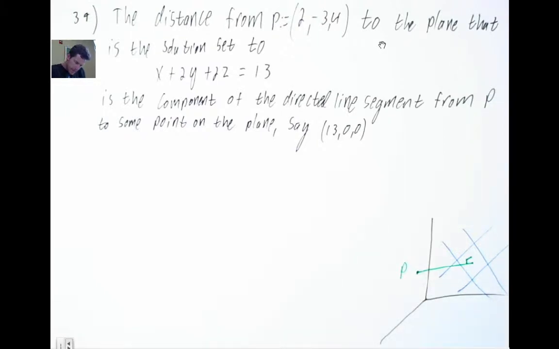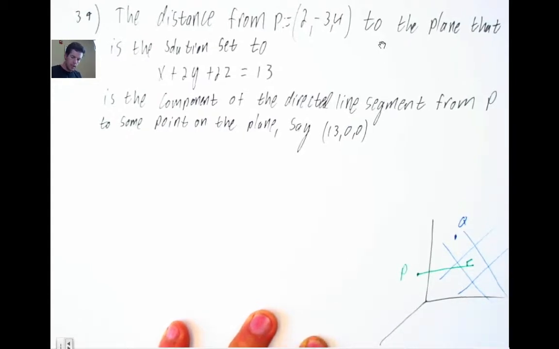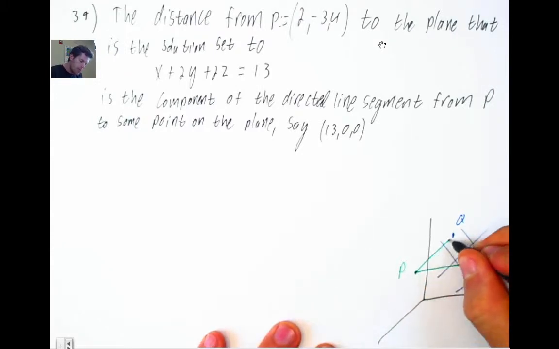So I was thinking that if I had some other point Q on that plane, then I could construct this line segment, directed line segment P to Q, like that.